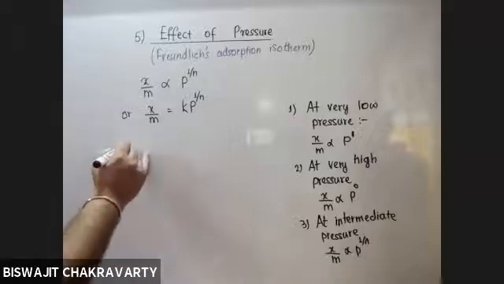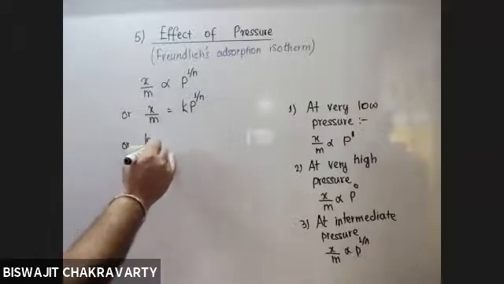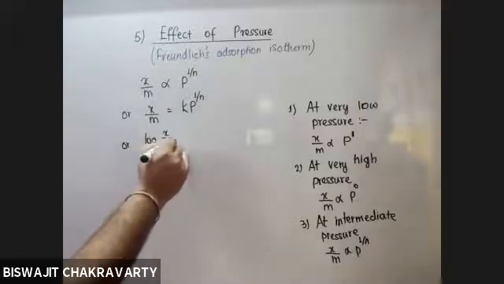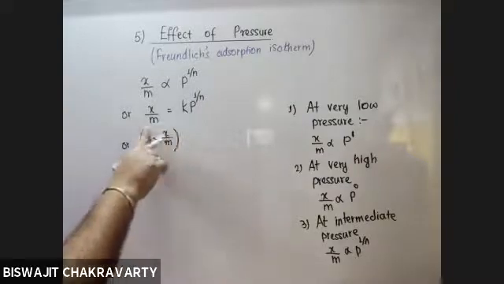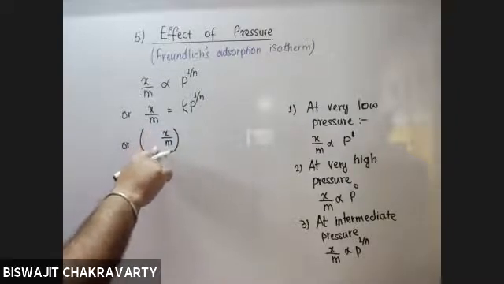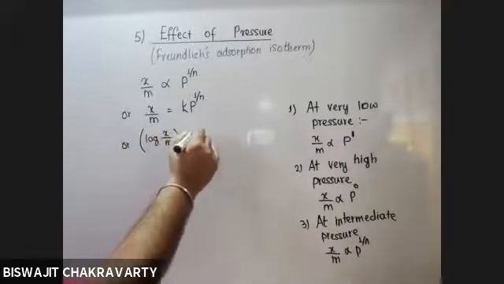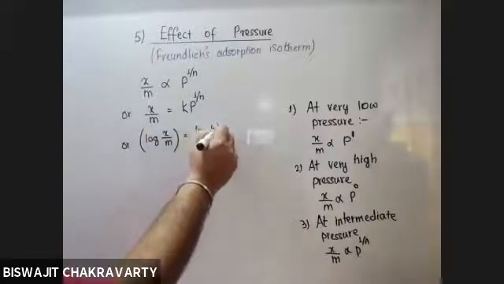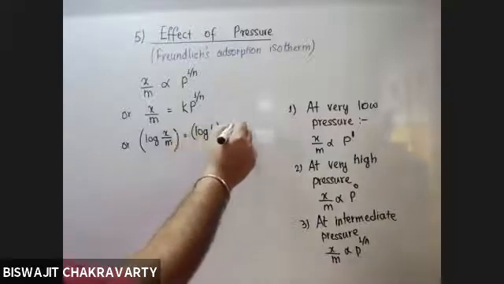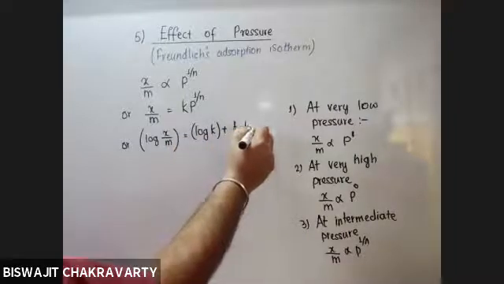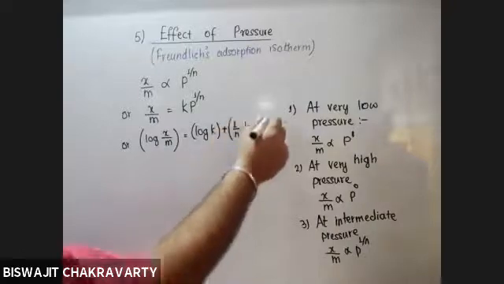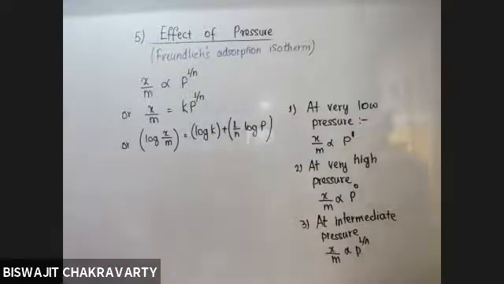If I put log on both sides, can I write log of x by m equals log of k plus 1 by n log of p? Yes or no?